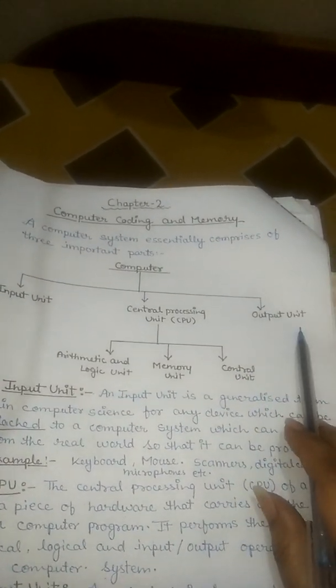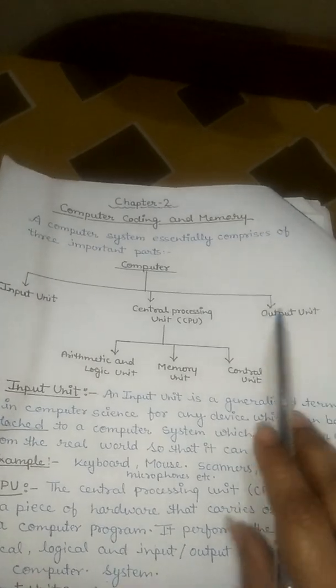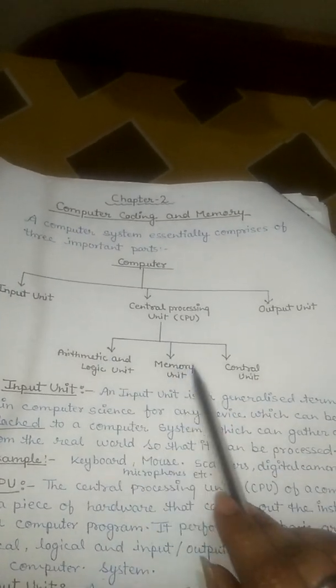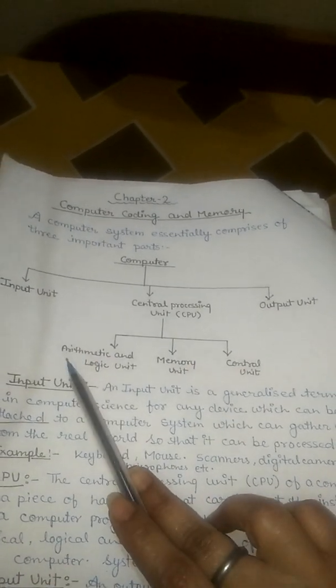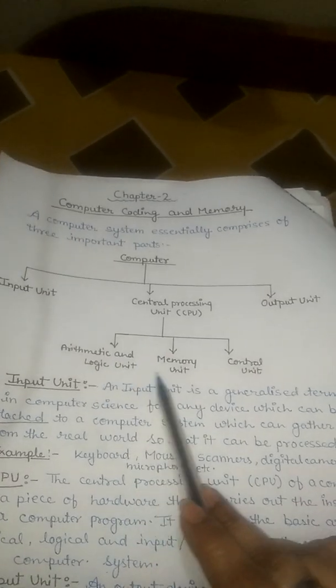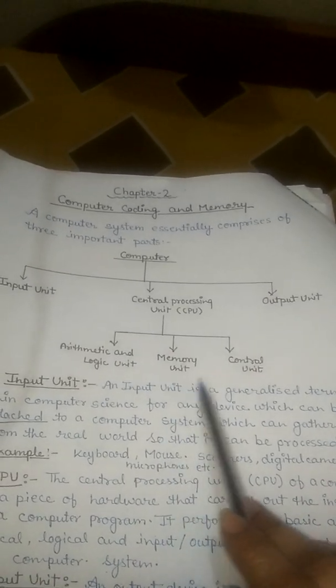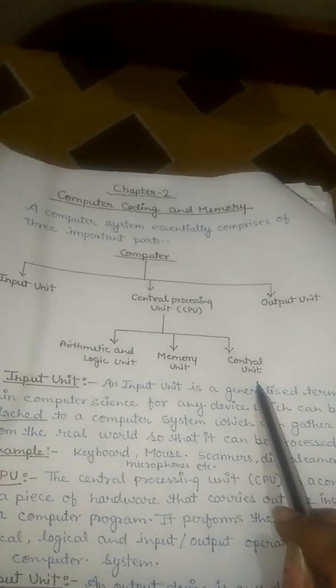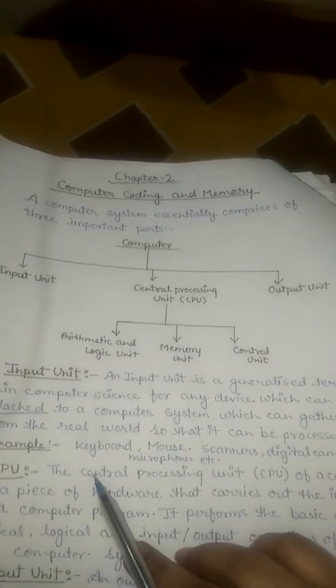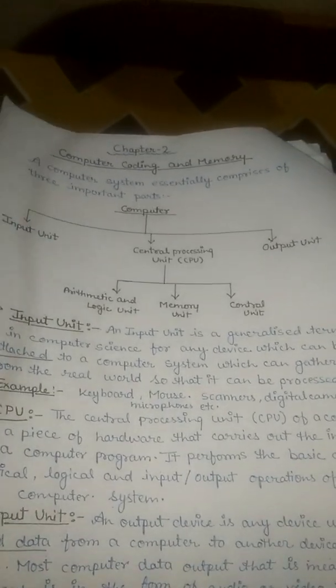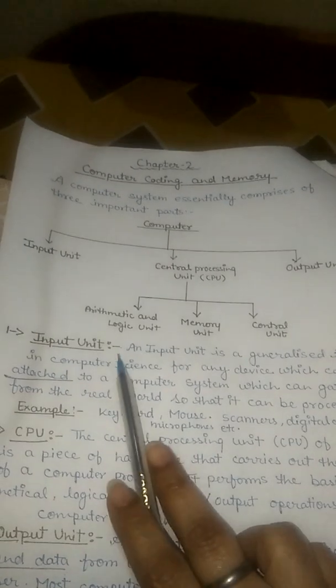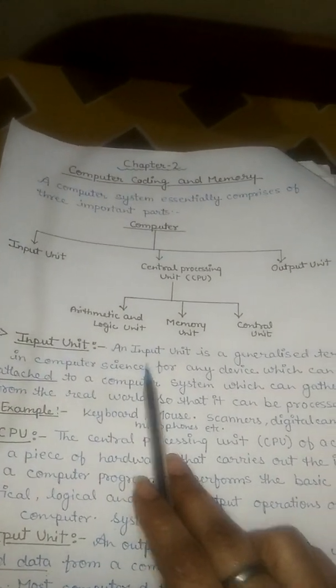Now the third one is the output unit. The central processing unit is divided into three parts: the arithmetic logic unit, the memory unit, and the control unit. So I am telling about the input unit.